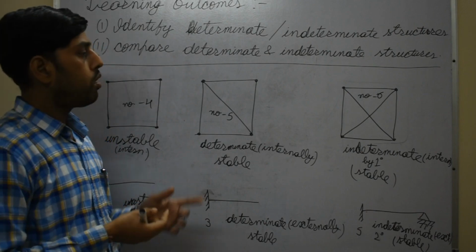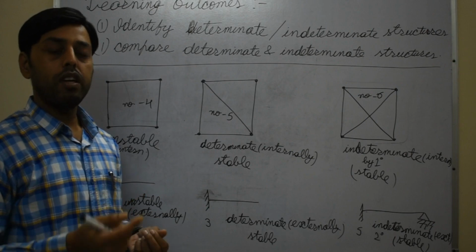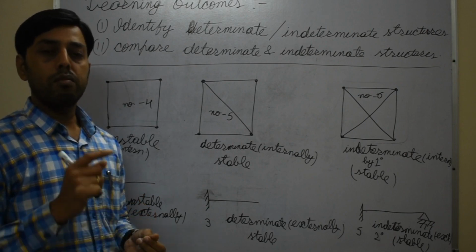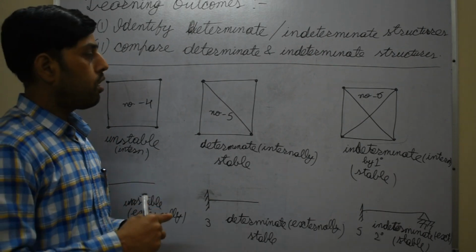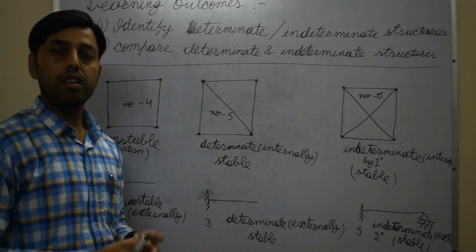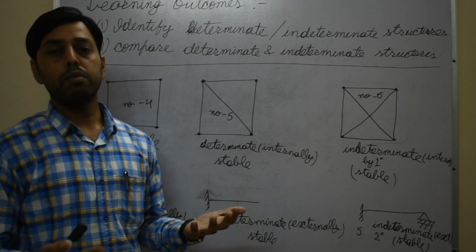In order to identify a determinate or indeterminate structure, we need to calculate either the number of minimum members required to stabilize its own geometry or the number of minimum support reactions required to stabilize its structure in any space or any plane.